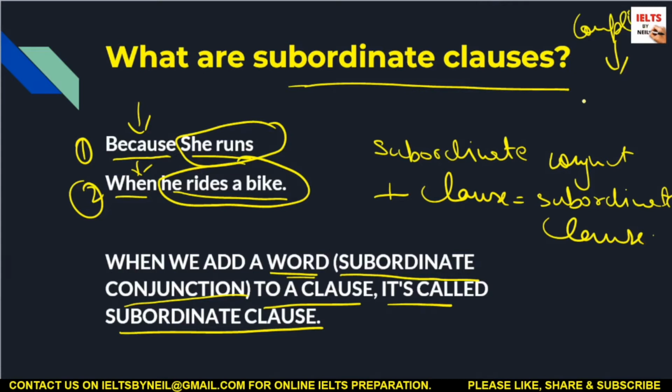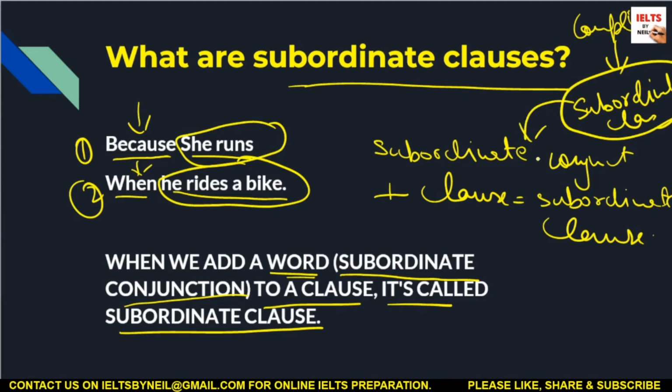It will have a subordinate clause. Now what is a subordinate clause? It is the combination of a subordinate conjunction and a clause. And what is a clause? It is subject plus verb.